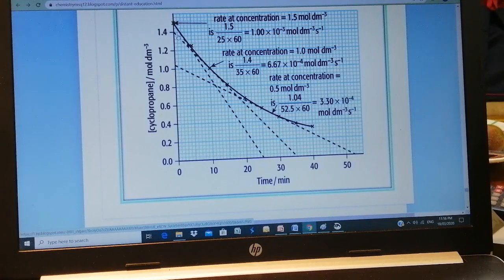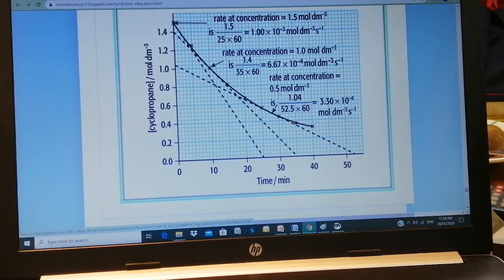The tangent meets at 1.4, and when you extrapolate or extend the tangent, it will meet at 35. So this is the calculation: minus 1.4 by 35 multiplied by 60. That is, you will get the answer in negative. Anyway, the concentration decreases, so the rate is decreasing. It is negative, so that's why they didn't put it.